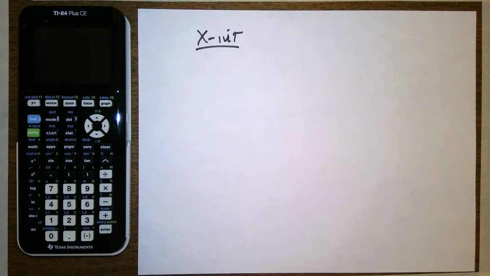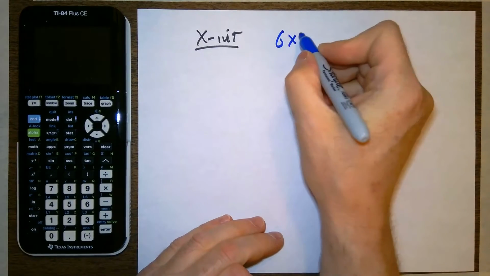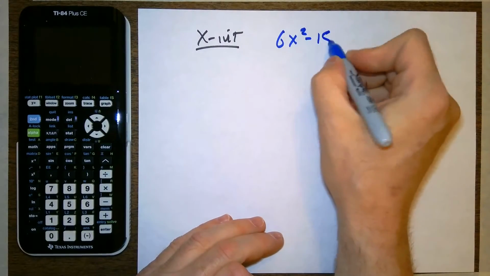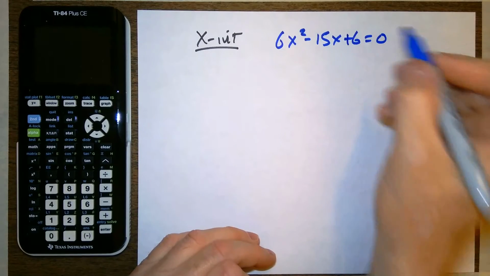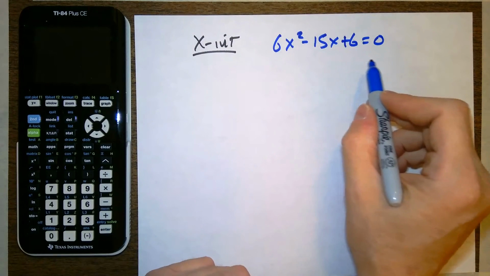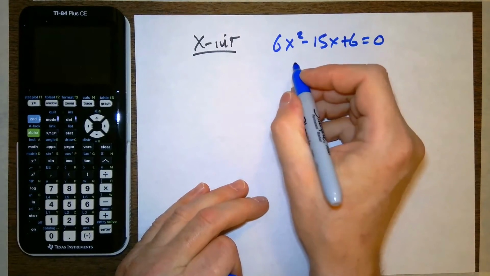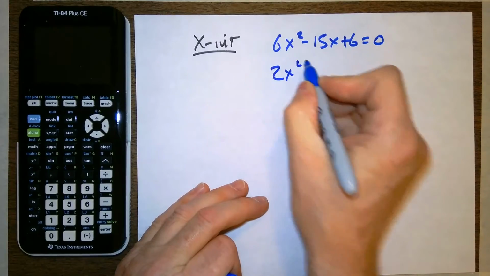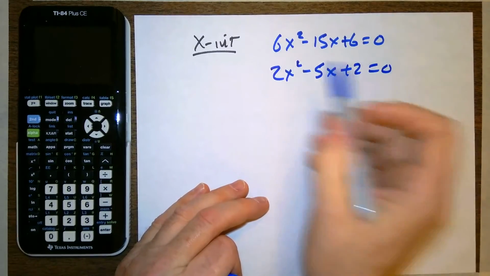The x-intercepts occur at the zeros of my numerator. So I set the numerator, 6x squared minus 15x plus 6, equal to 0. I notice I can factor a 3 out of that, to make the numbers a little bit easier to deal with. Divide by 3: 2x squared minus 5x plus 2 equals 0.